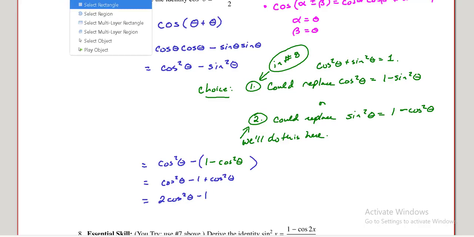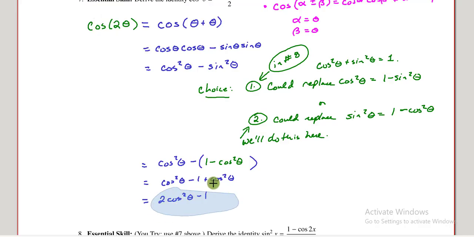And I'm going to put that in a different color because that's actually where I wanted to stop. Okay. So we've now just shown that the cosine of 2 theta is equal to 2 cosine squared theta minus 1.